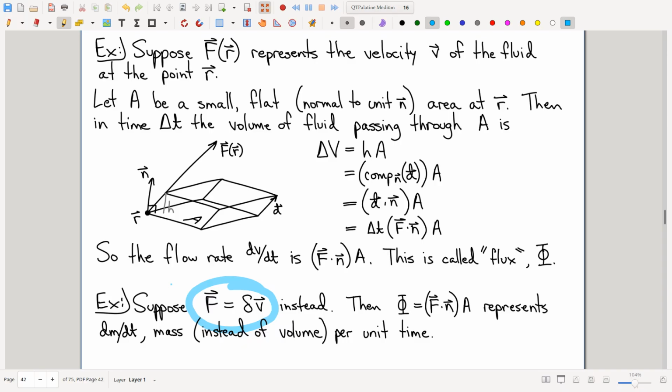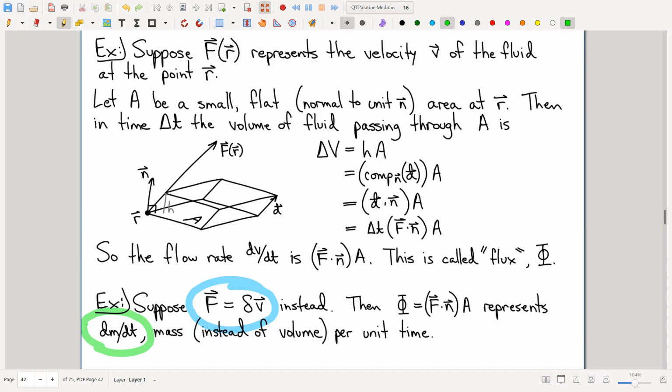Why would we multiply by the density? Granted, reasonable question. I'll give you the answer in 10 seconds. The reason is that if you ask this next natural question, not volume per unit time, but what is the mass per unit time of fluid?